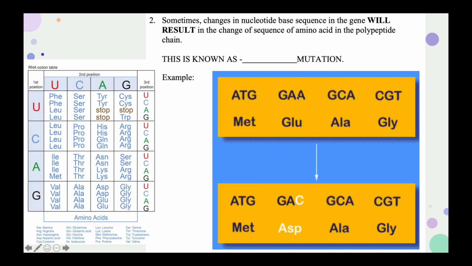As you can see, the original adenine has been replaced by cytosine. The codon GAC codes for a completely different amino acid compared to the codon GAA. In this case, coding for aspartic acid instead of glutamic acid, so therefore producing a slightly different protein. This type of change in the protein is known as missense mutation.